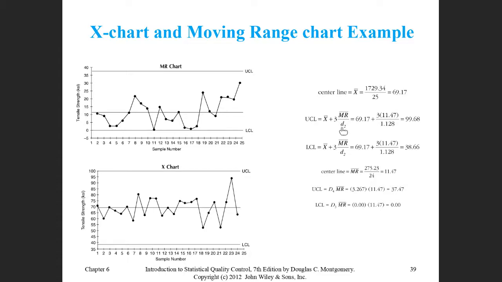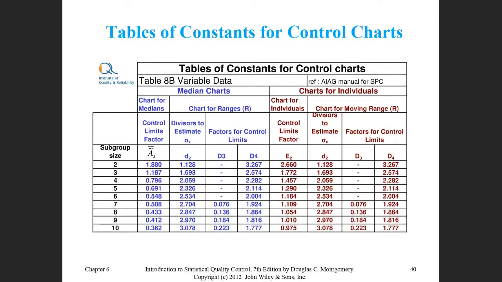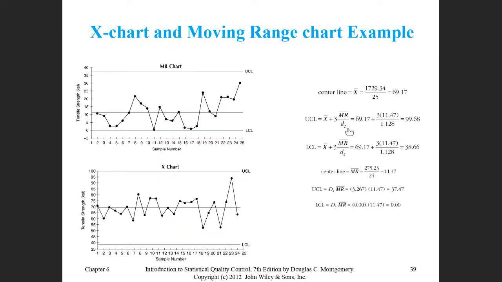What about the D2? Where can we find the D2? It is given in the constant tables. You go to the table, D2 is placed next to subgroup size 2, because this is the minimum subgroup size for individuals. You will get 1.128 as the value used for D2.